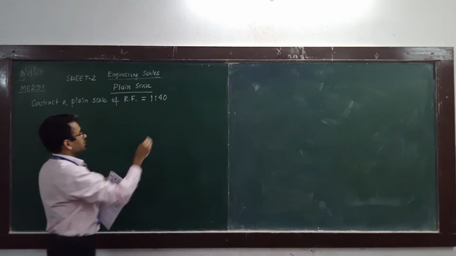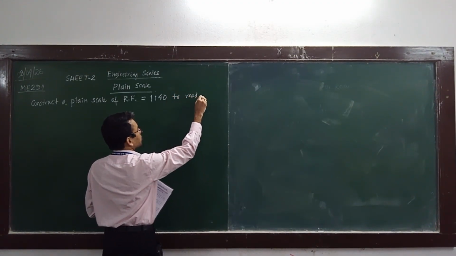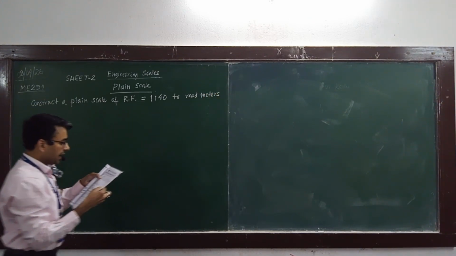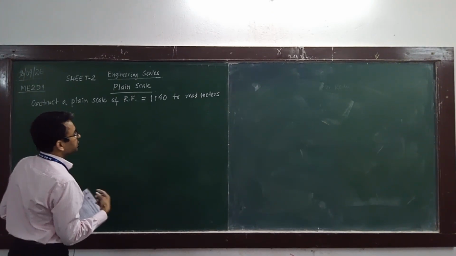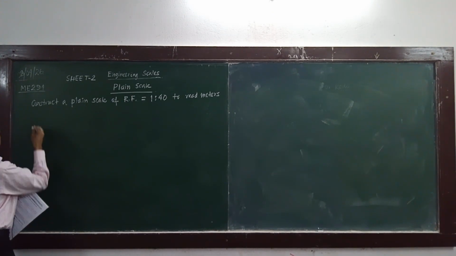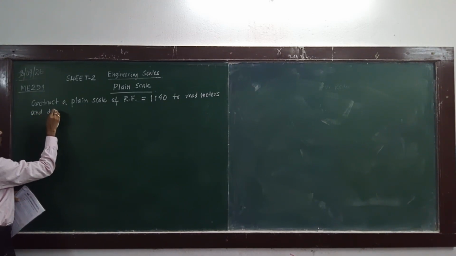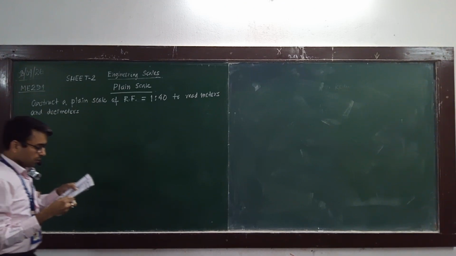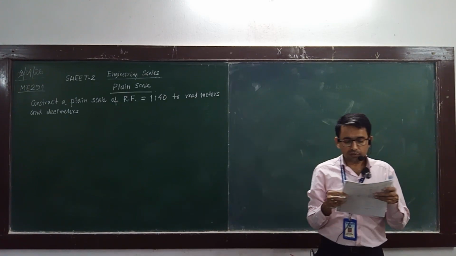To read meters and decimeters. So two consecutive units, right? Meters and decimeters. And long enough to measure up to 6 meters.